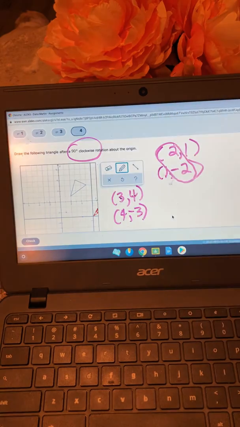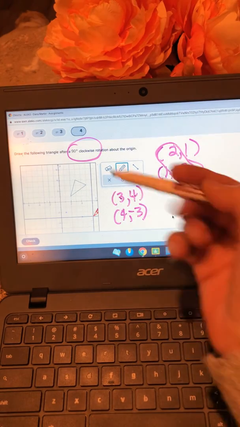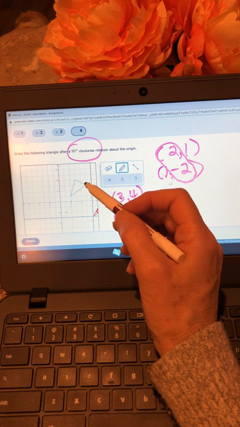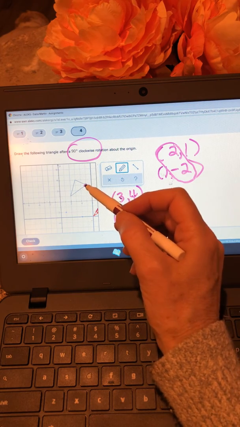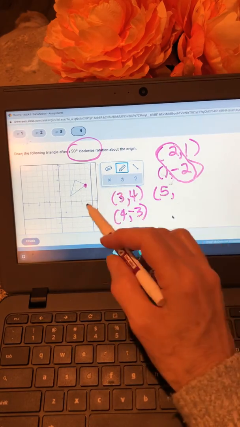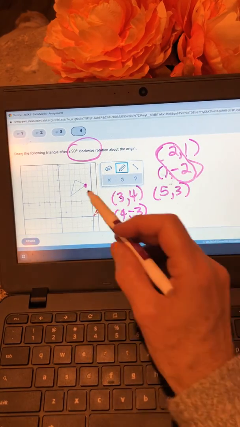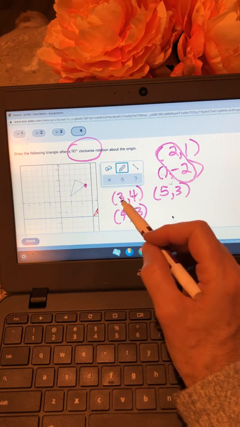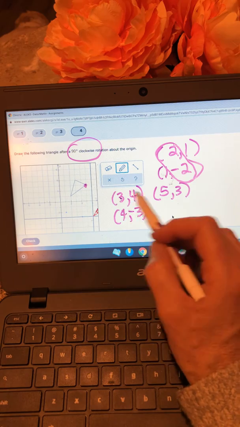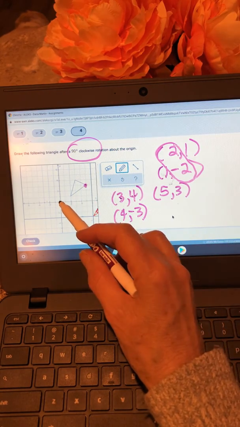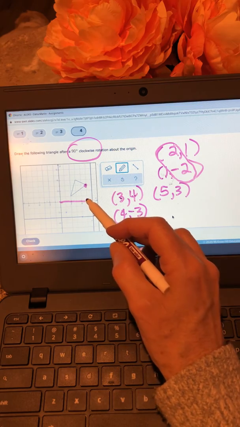And then the last one is this point right here, which is 5 to the right and 3 up. For a second I thought, am I repeating another point? You would know, because you'd get the same numbers for the ordered pair. So clearly I'm not. I am doing the last point that I haven't done. So you go to the right 5 and you go up 3.